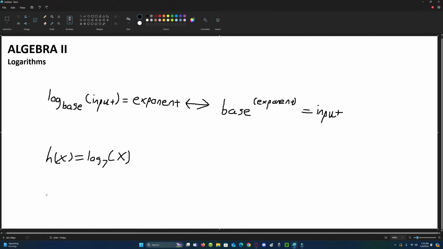And then it's to start by finding the inverse of this function, which the inverse of that would just be 7 to the x. So this is our regular function, and this is our inverse function.